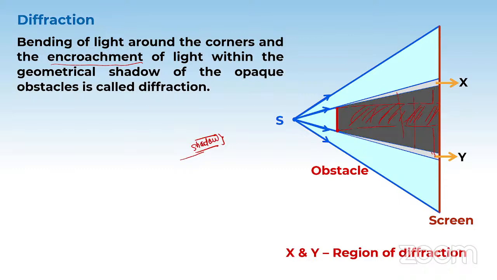If light is disturbing this area and increasing this area like this, then you will not have light and dark. You will have light, then the light starts dimming, and then you finally reach the shadow portion or the dark portion. So this encroachment of light into the region of geometrical shadow is also termed as diffraction pattern.